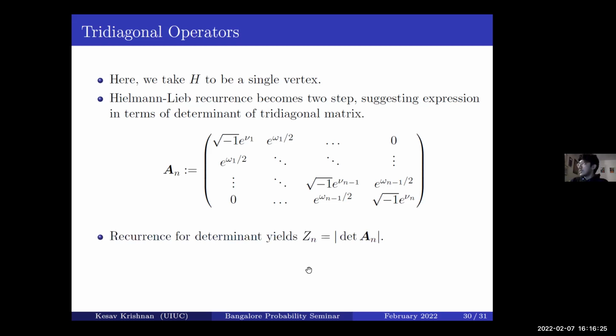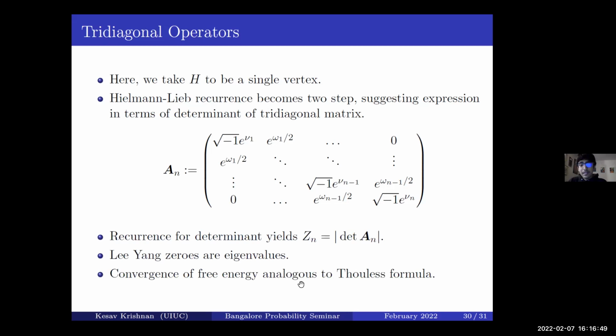Turns out that the partition function can be written as the absolute value of the determinant of this matrix. And the Lee-Yang zeros correspond to eigenvalues. So in the one-dimensional context, you do have a determinantal formula, and that can be used to prove a lot of our results and vice versa.